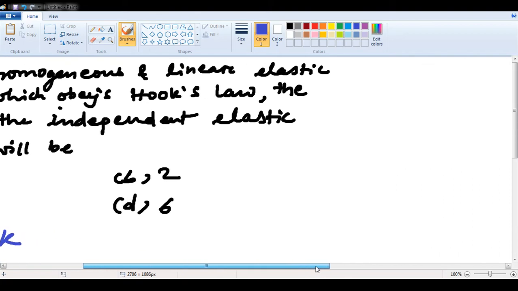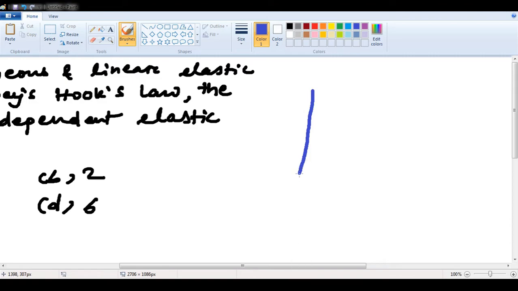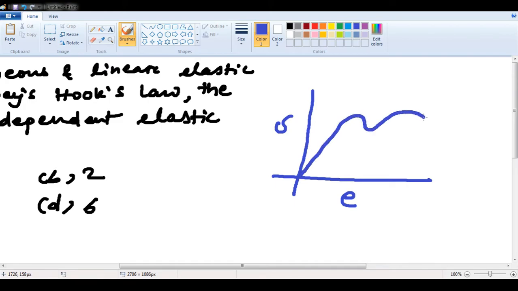To understand this, let us go back to the stress and strain diagram. We have seen for a ductile material, the graph flows this way. If I take points A, B, C, up to point A, this is nothing but the elastic limit.